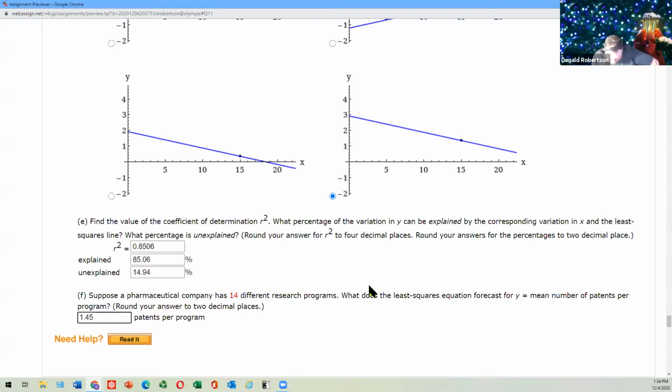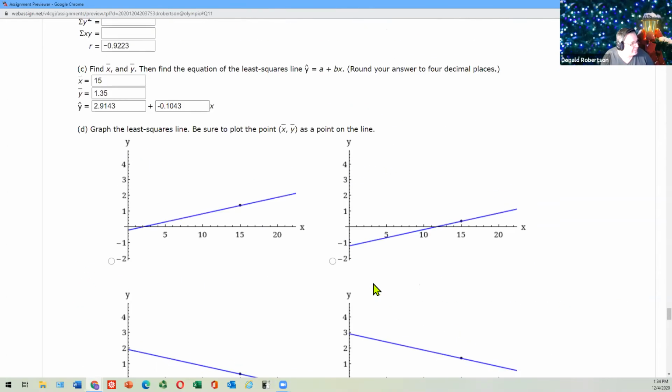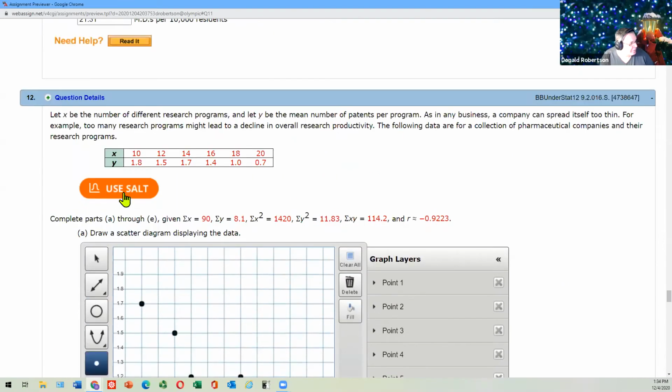What can I do here? I'll make up a story for why it's unrealistic. Do you know WebAssign randomly generates numbers? Can you imagine it just randomly generated unlikely numbers that give unrealistic answers? Right?